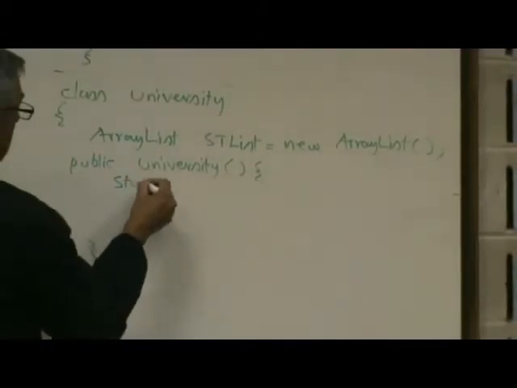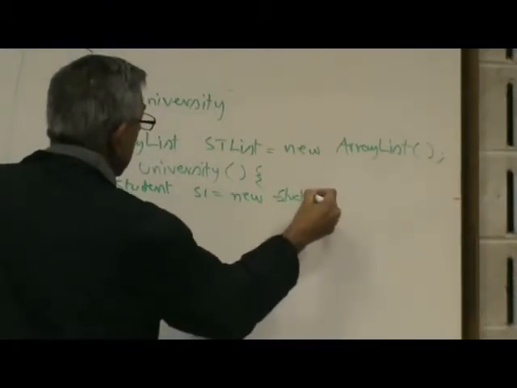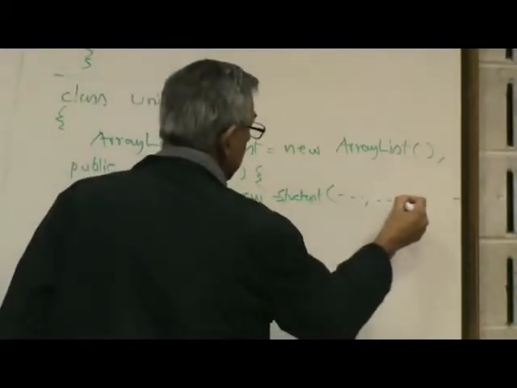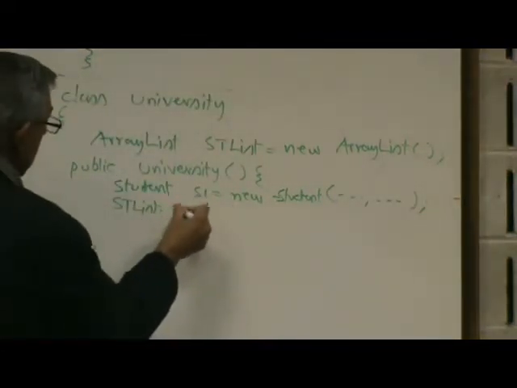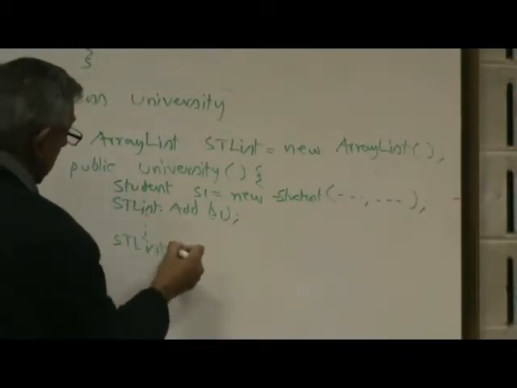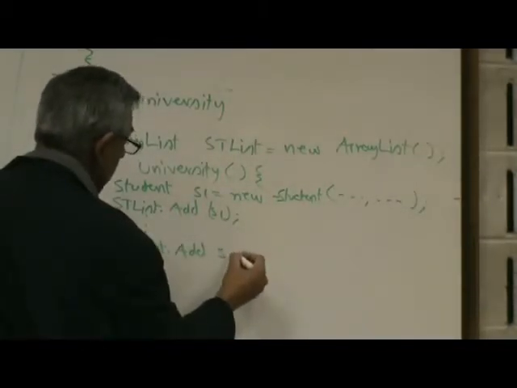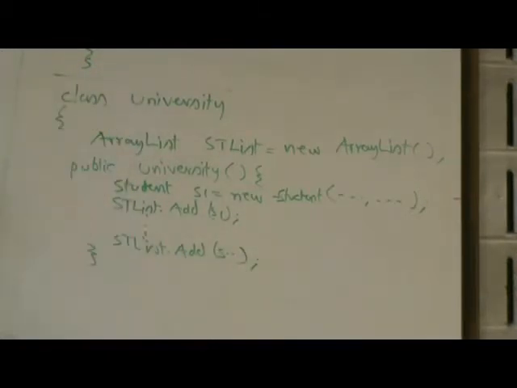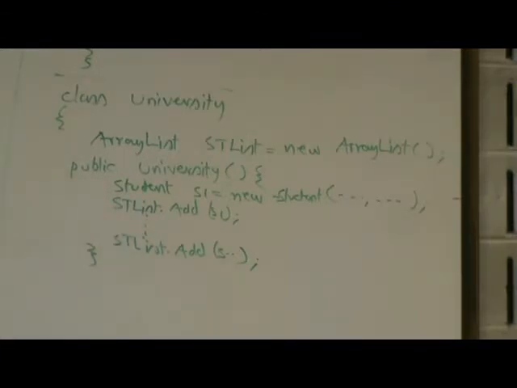So we say student S1 equal to new student, and whatever initial data we put, and then we say st list dot add S1, right? And so on, st list dot add. So let's pretend we add 5, 10, 100, whatever, however many students to our st list, okay? In real life, we'll read it from the database and then populate it with whatever data we find in the students table, right?